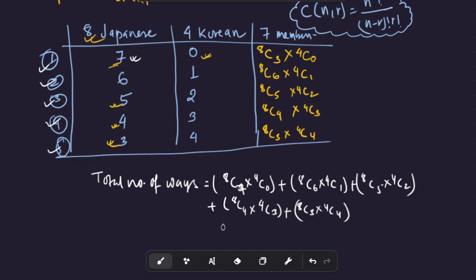So this is the total number of ways. I think it can be calculated.